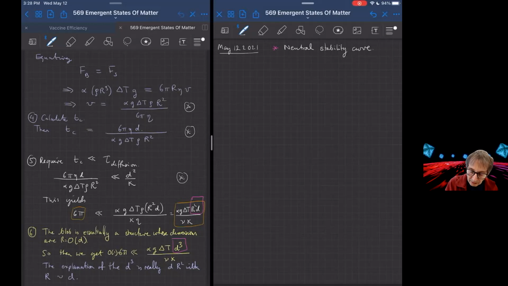And then I want to talk about dimensional analysis, to show you how, if we want to understand the phase diagram, we've got many parameters here: alpha, delta t, d, nu, kappa. And we're going to see that we can take a very complicated phase diagram and reduce it to something much simpler using dimensional analysis.